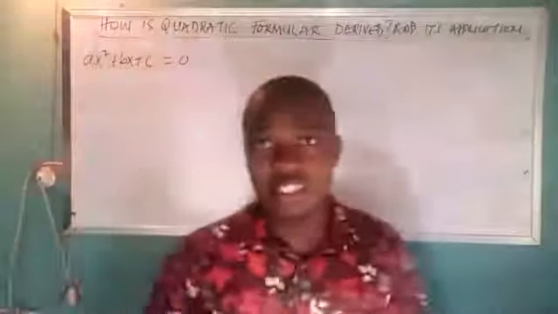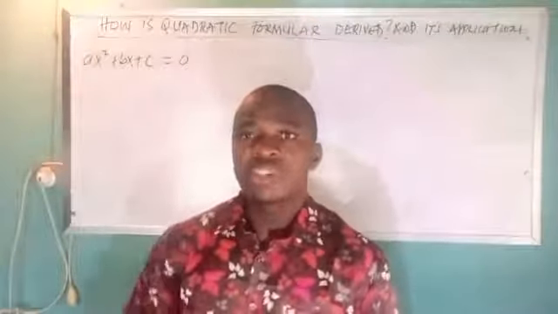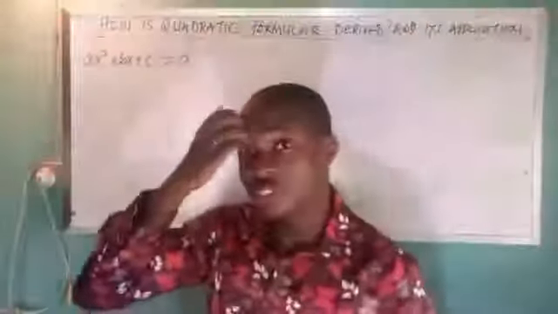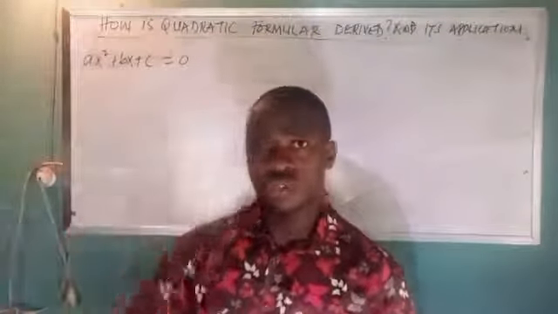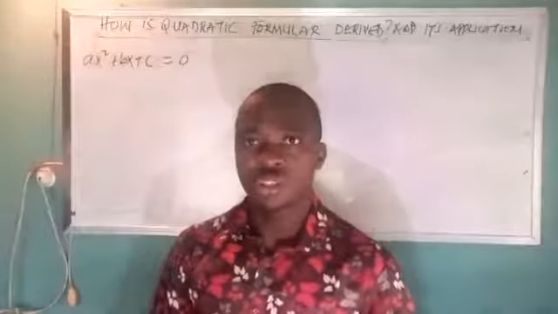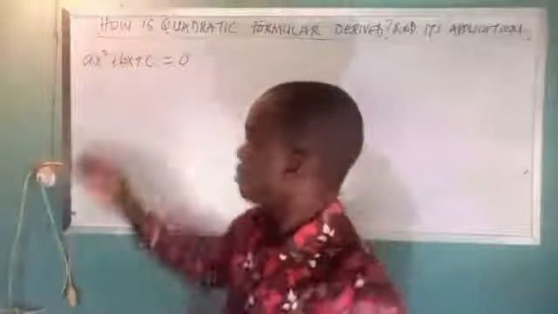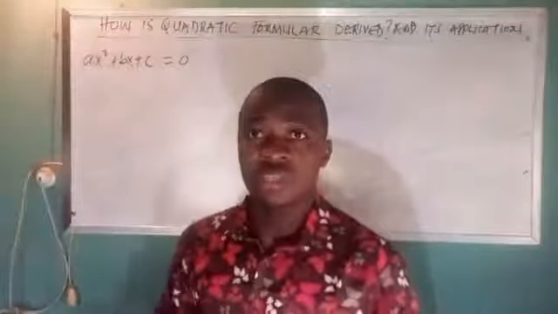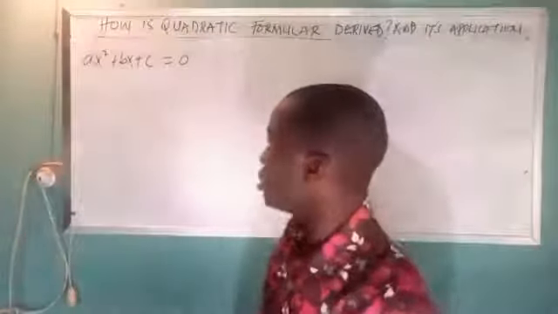This is the general equation of quadratic. Now we will be considering the completing the square method to solve this equation. From the last video I dropped, I showed how we can solve quadratic equation by completing the square method.